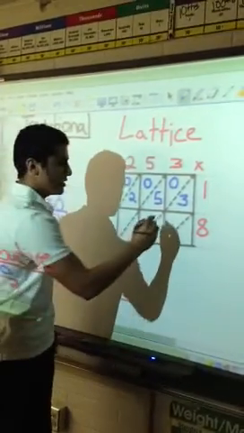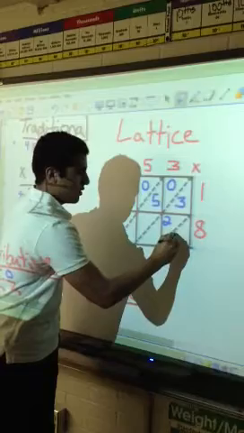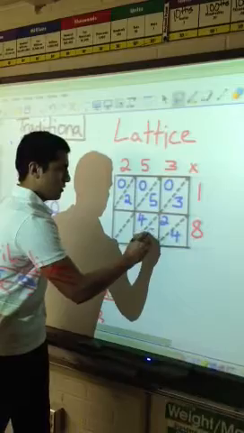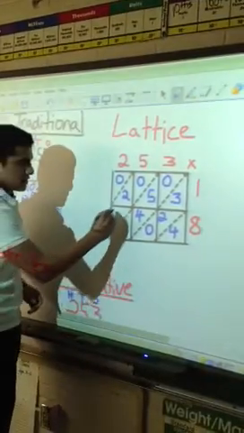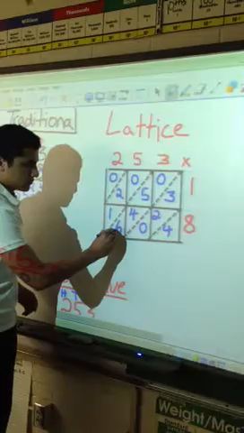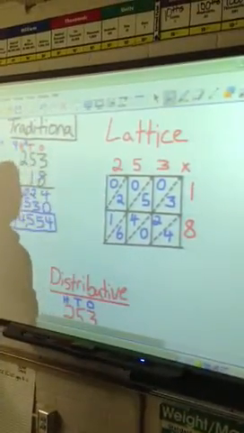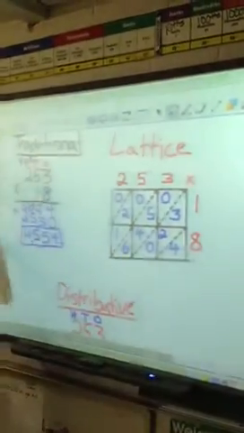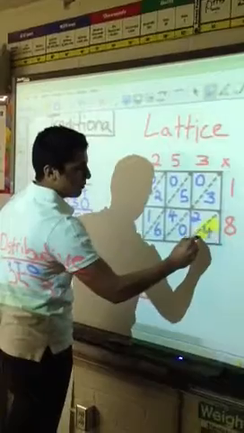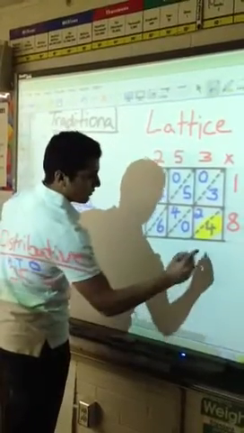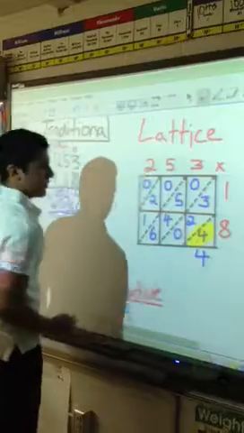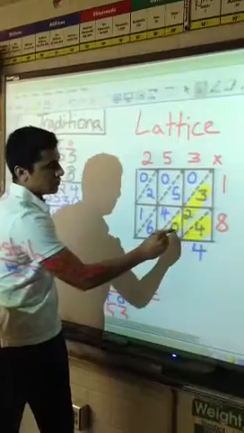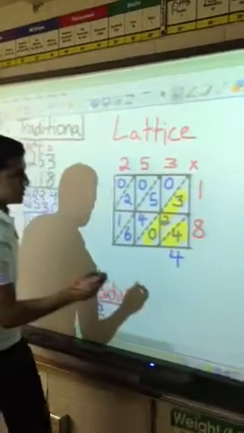So 3 times 8 is 24. 5 times 8 is 40. And 2 times 8 is 16. The next step is we add diagonally. So here we have 4 plus nothing is 4. Now we have 3 plus 2 plus 0, which is 5.